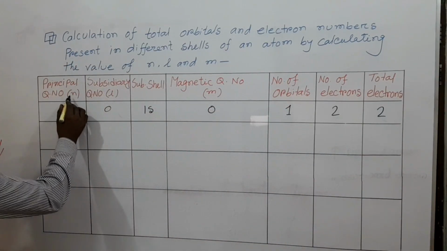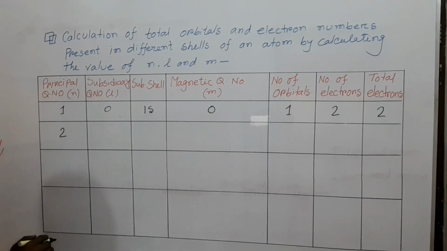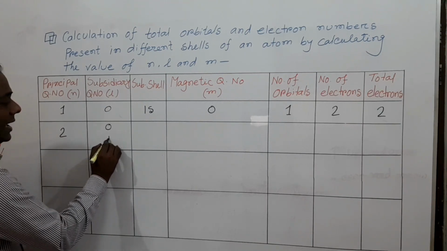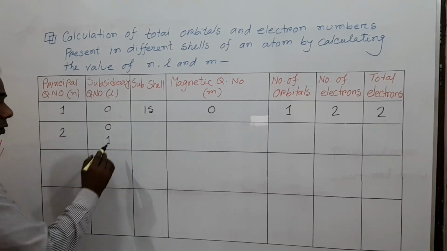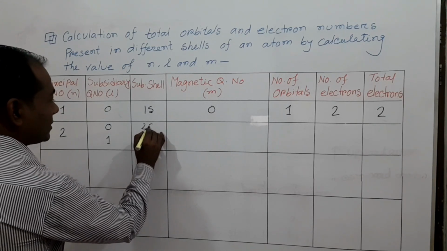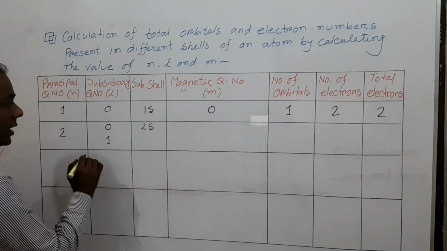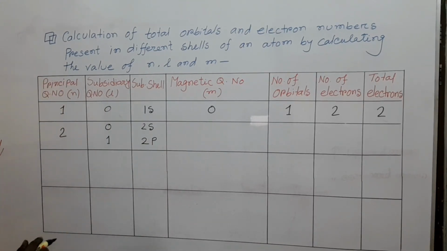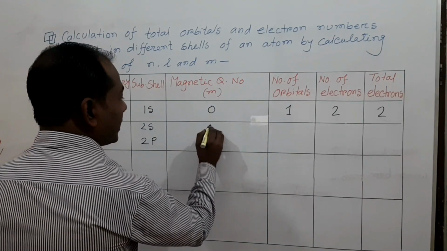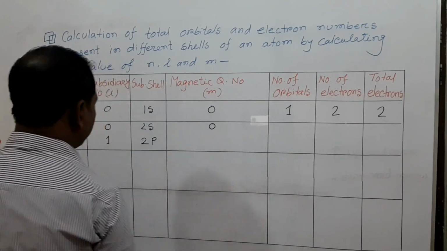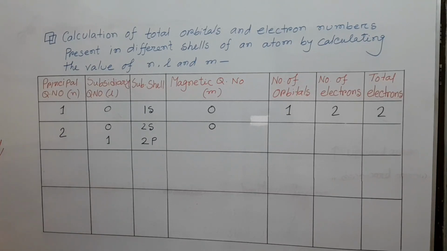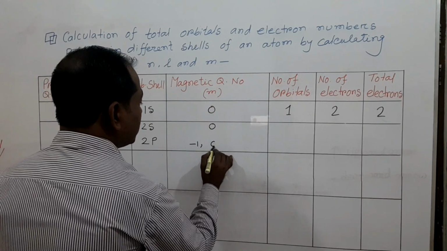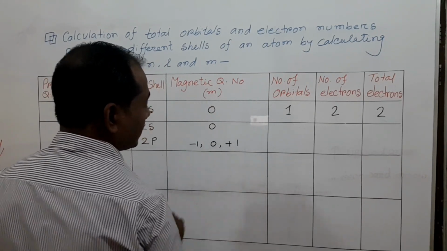Now when n equal to 2, then the value of L equal to 0 and 1. For 0 we get 2s subshell, and for 1 we get 2p, and when L equal to 0, then we get the value of m equal to 0, and when L equal to 1, the value of m equal to -1, 0, plus 1.